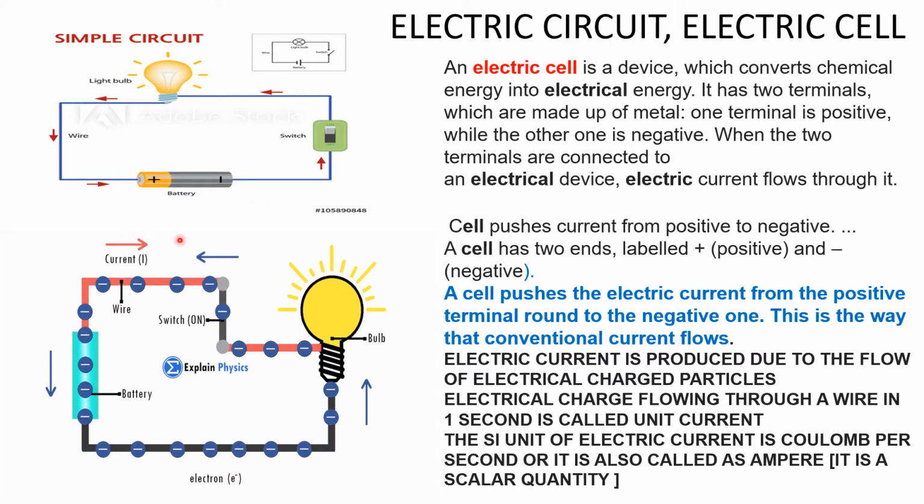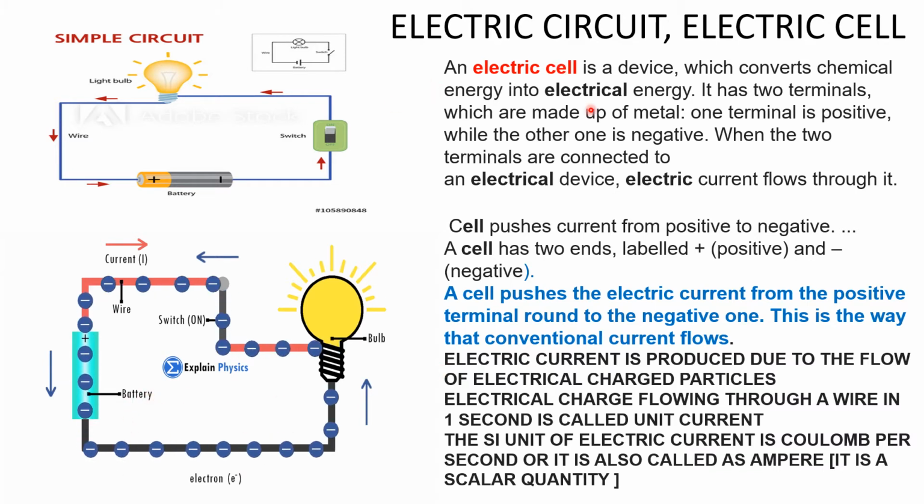The flow of current is always from a terminal at higher potential to a terminal at lower potential. So the higher potential terminal is always the positive one. The one with a lower potential is always the negative one. So a cell pushes the electric current from the positive terminal round to the negative one.